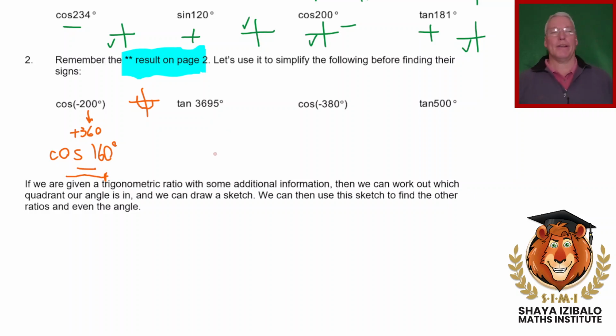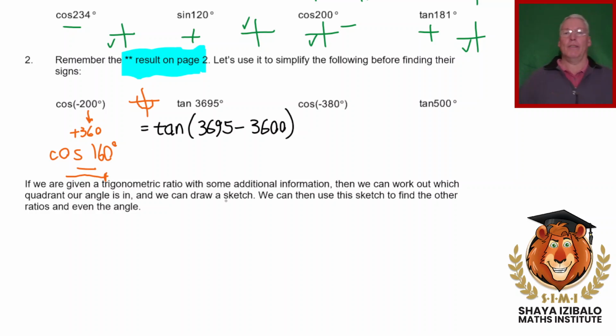Tan of 3,695. That's an enormous number. What we're going to do is take 3,695 and take off 10 rotations. One rotation is 360 degrees, so 10 rotations is 3,600 degrees.